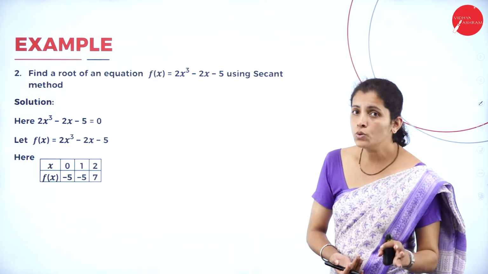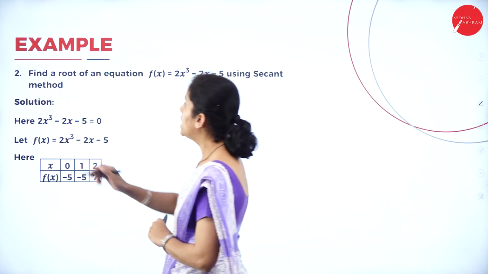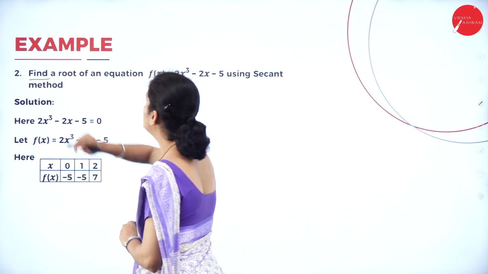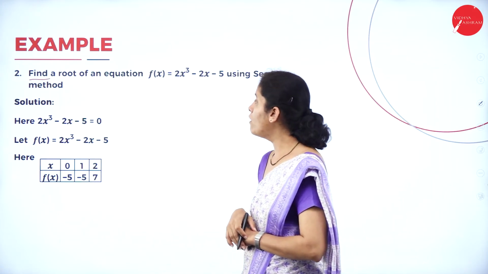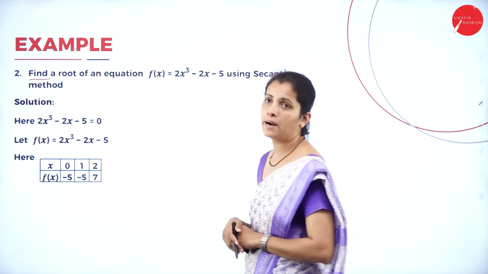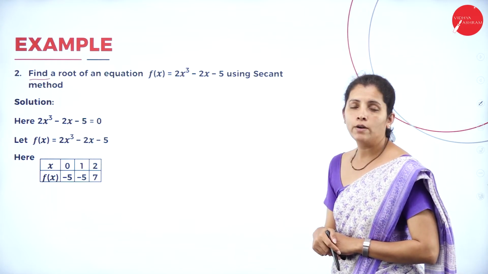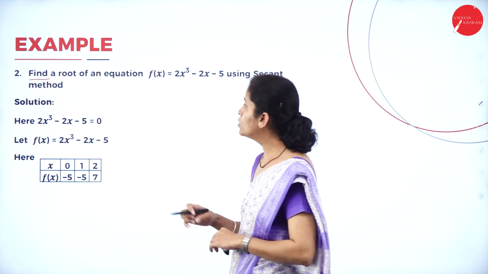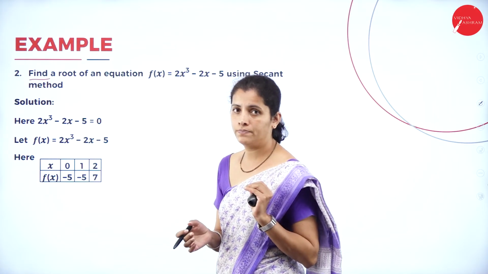So dear student, let me explain another problem under this method, that is find a root of an equation f of x equal to 2x cube minus 2x minus 5 using secant method. And what I want to do, I just want to write the equation in the form of f of x.